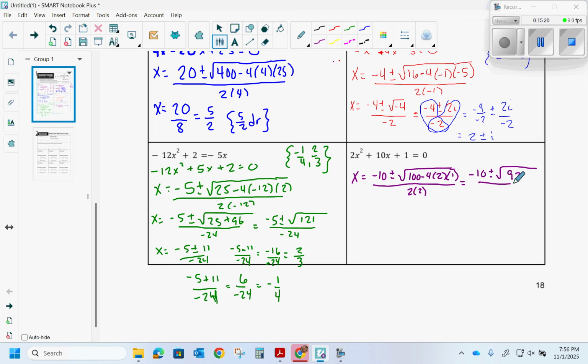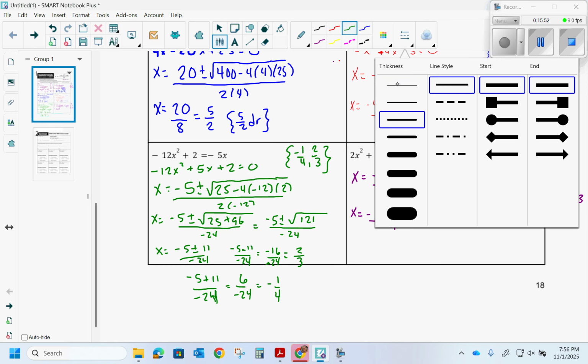I think we better do a factor tree for that. Let's come over here and do a factor tree. 4 goes into that. 4 goes into 92, 23 times. So x equals negative 10 plus or minus 2 root 23 over 4. Okay, now we're ready to split.